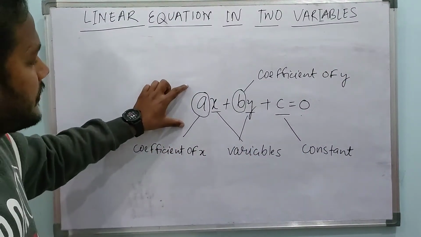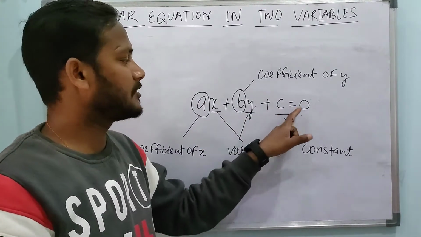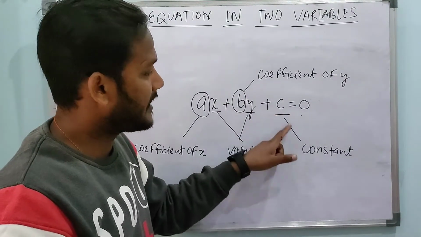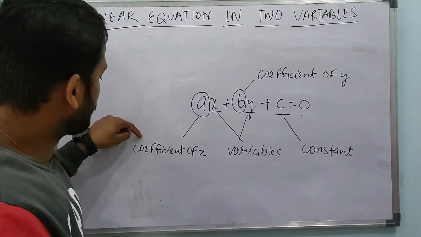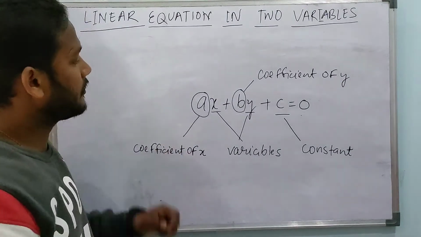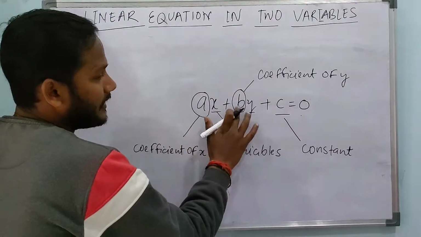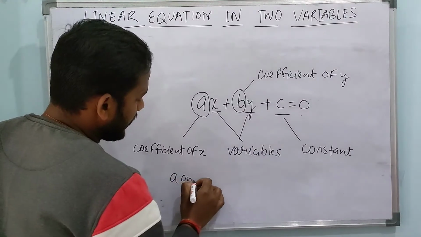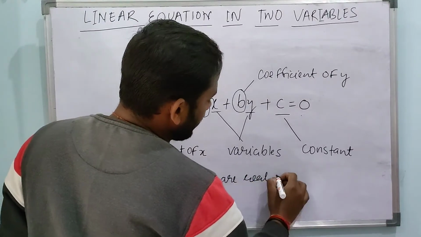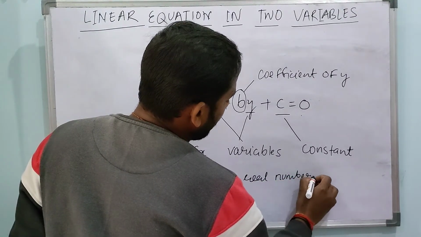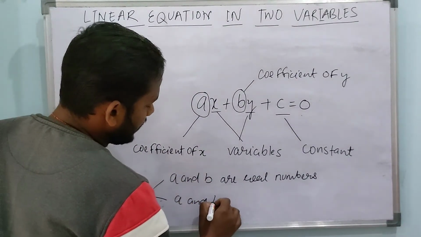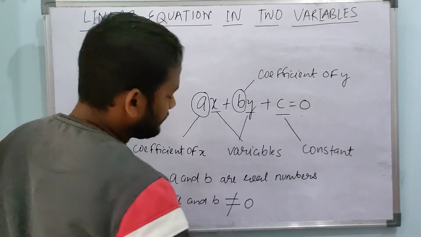So the general equation is written as ax plus by plus c is equal to 0. x and y are known as variables, c as constant, a is known as coefficient of x, b is known as coefficient of y. One more condition is there: a and b must be real numbers, and a and b cannot be equal to 0.